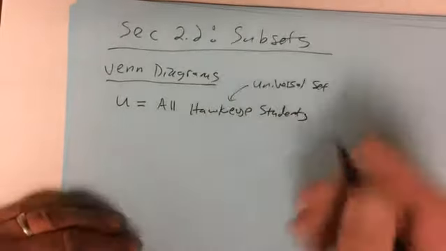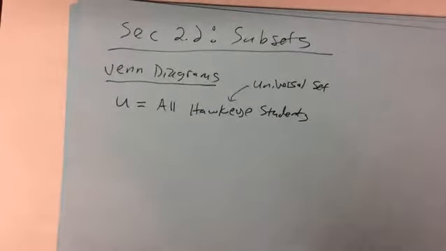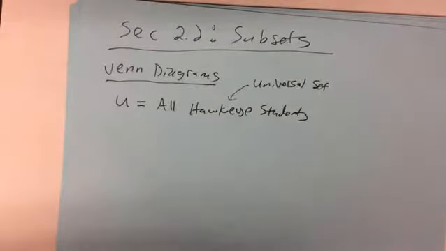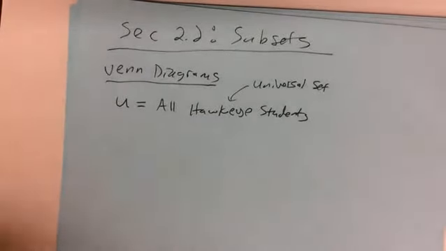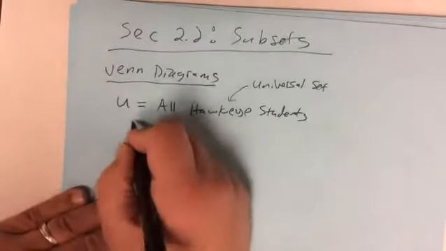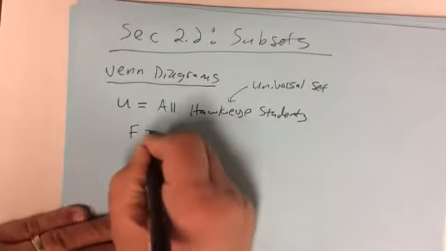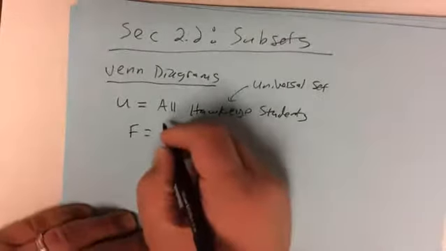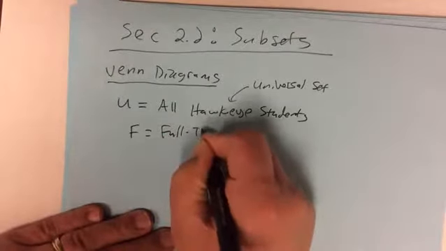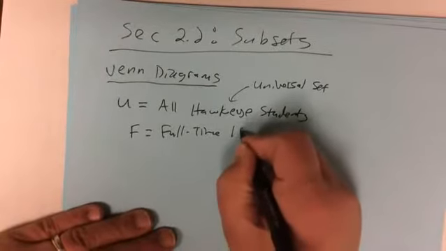For this particular example, I'm just interested in the set of all Hawkeye students, and then I'll take different groups of Hawkeye students, and then I can illustrate the relationship between those students. So we'll let set F be full-time students, full-time Hawkeye students.